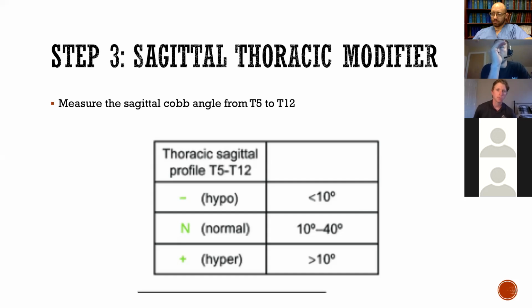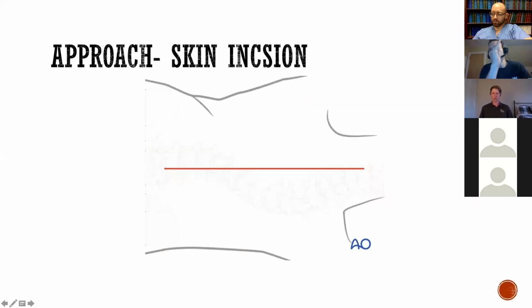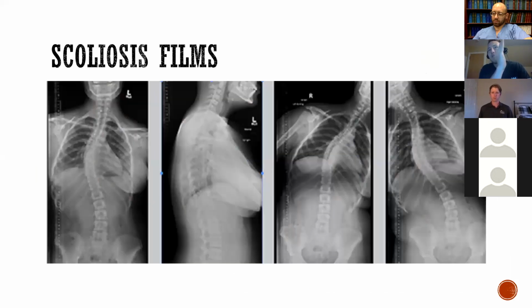On those films, when they bend towards the side of the convexity of the curve, you'll see it bend out some. Curves that can bend a significant amount will be able to correct a lot. If they're so flexible that they correct to almost normal, less than 25 degrees typically being the cutoff, we won't typically incorporate them into the construct.